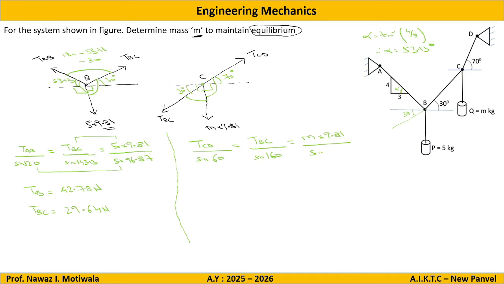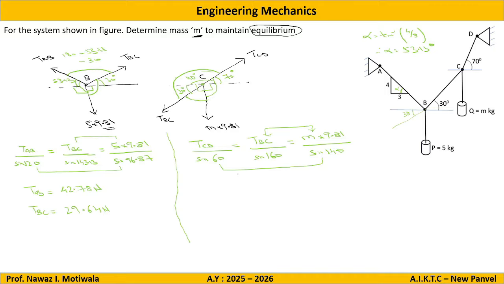If this is the force, this is the angle required. So this angle will be how much? If this is 70, this one will be 110. Angles forming linear pair. So now the total angle becomes 110 plus 30, which is 140. So now again, if I take these two, sorry, first we need to take these two. Once we take these two, we already have the answer for TBC here.